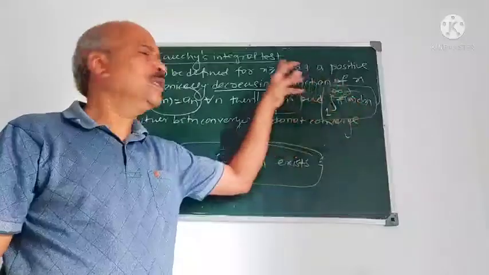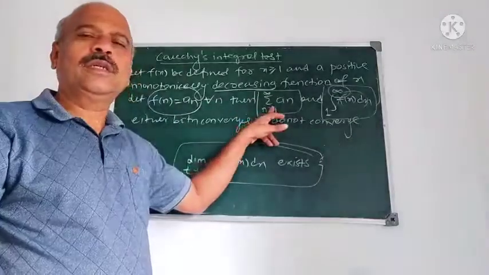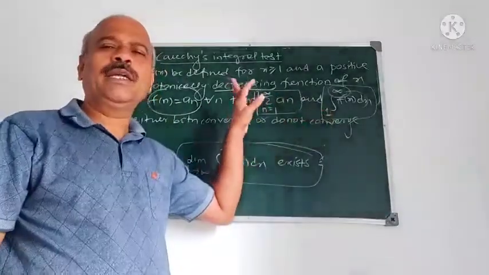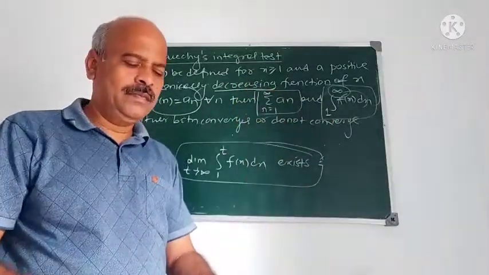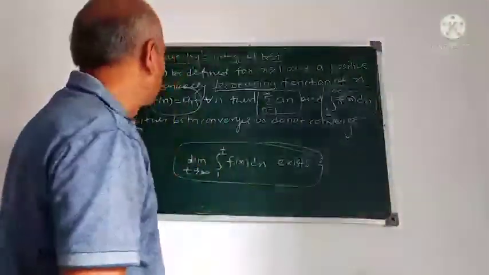Suppose it converges, then the sum of a_n converges, and if it diverges, the sum of a_n diverges. I will explain the proof later, but I consider problems on this.